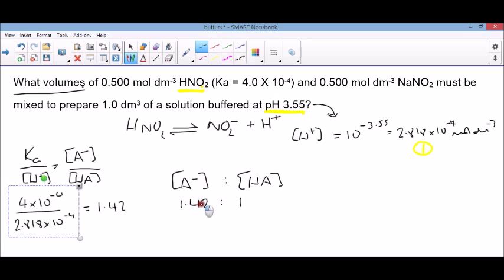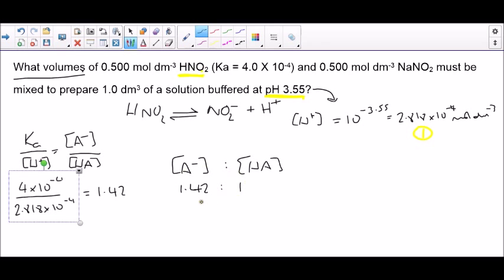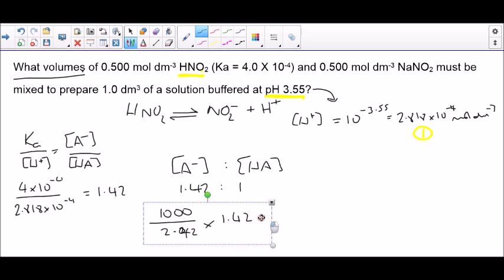Now if I want to make up 1 decimeter of this, then I'm going to say, right, well, in total I've got 2.42, so I'm going to do 1 decimeter is 1000 centimeters cubed divided by 2.42, and I'm going to times that by 1.42 to tell me what the 1.42 is, which gives me 587, I'm going to round it up, centimeters cubed of the sodium nitrite solution.